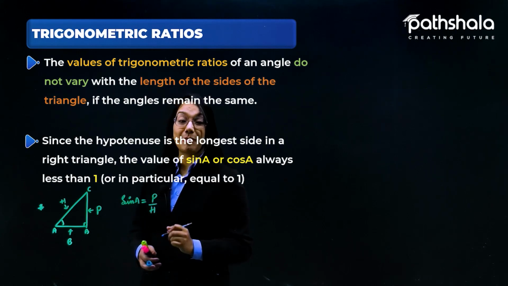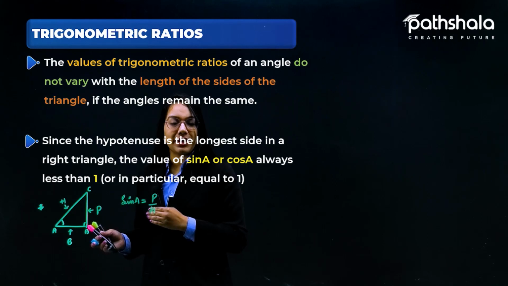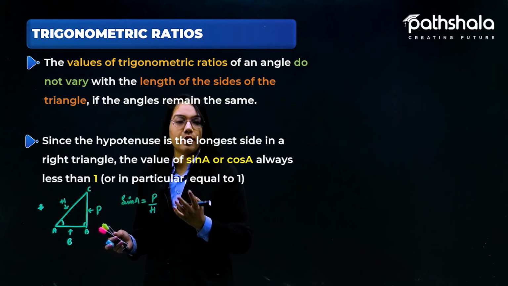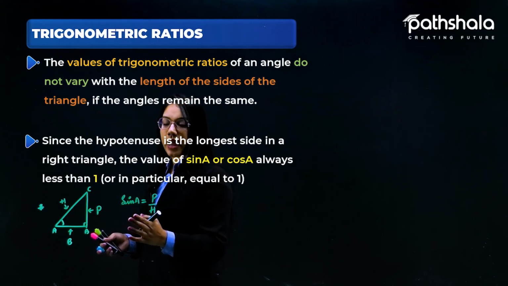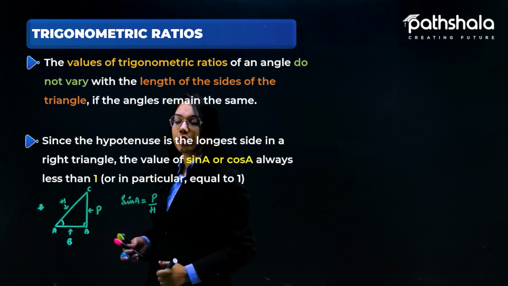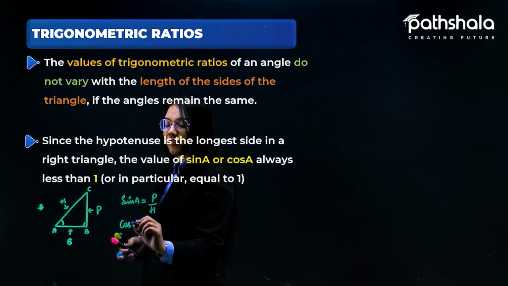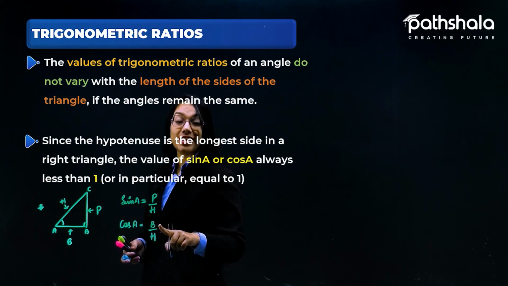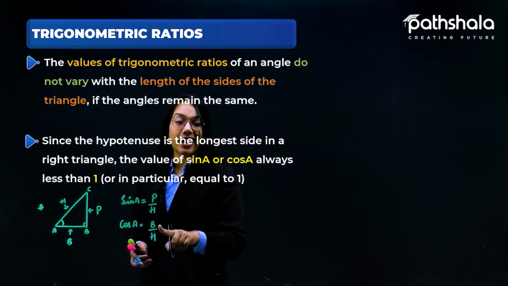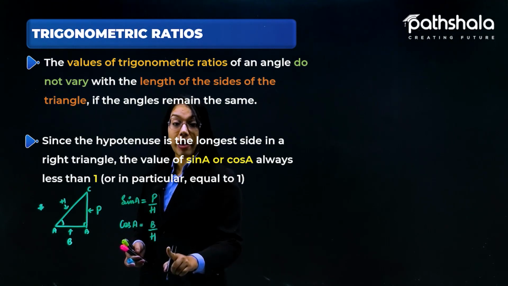Rather than learning it as the side opposite to the angle A divided by the hypotenuse, you can learn it this way: sine of A is P by H, where P is the perpendicular and H is the hypotenuse. Further, cos of A is a relationship of base and hypotenuse, base being the side adjacent to the angle A divided by the hypotenuse. So you can also learn this in this manner.